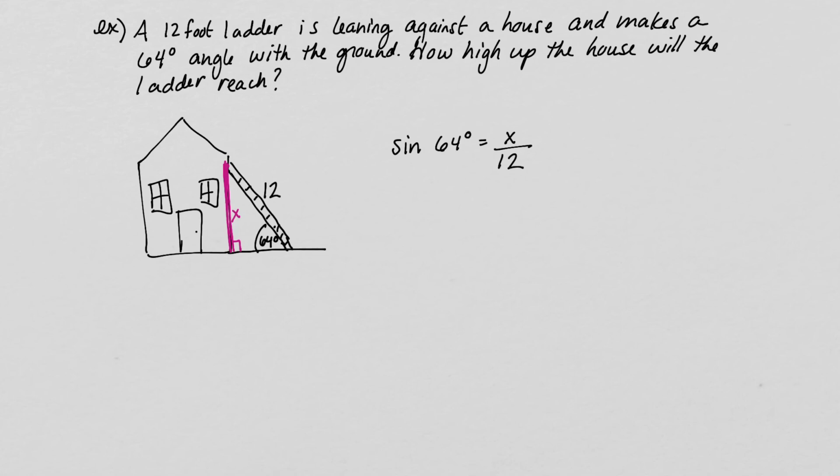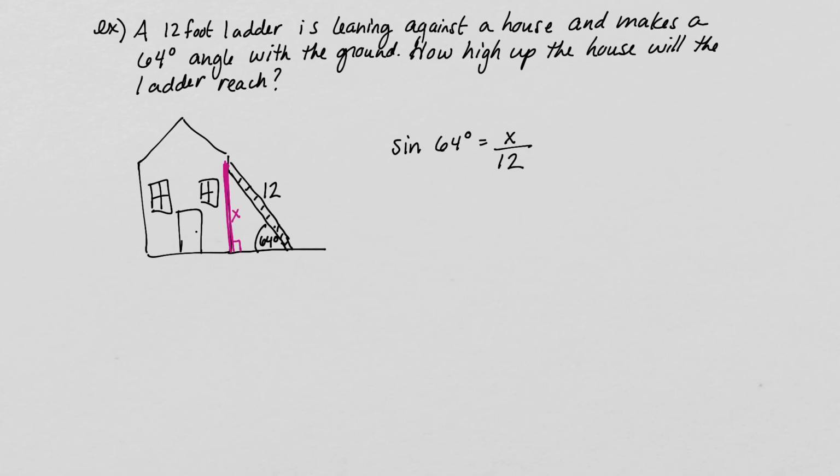Okay, now, sine of 64 degrees, that is just a number, right? Sine of 64 you could punch into your calculator and get a number. And so if I want to get the x all by itself, what would I need to do to get that x all by itself?